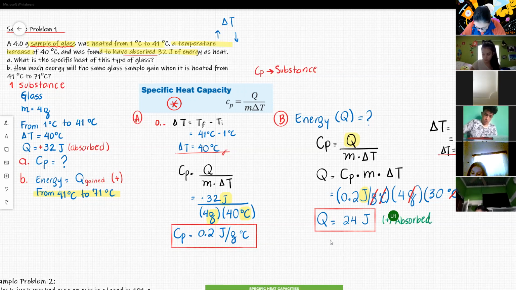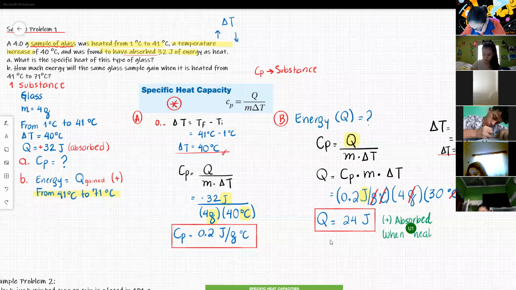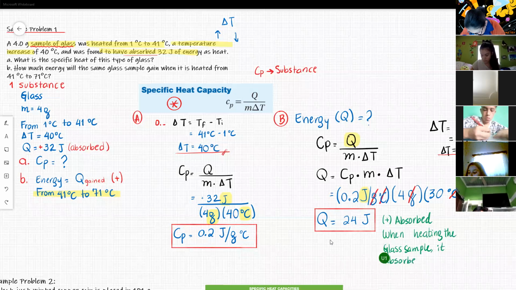That means when heating the glass sample, it absorbed heat. So does it make sense? Try to think about it. Does it make sense?